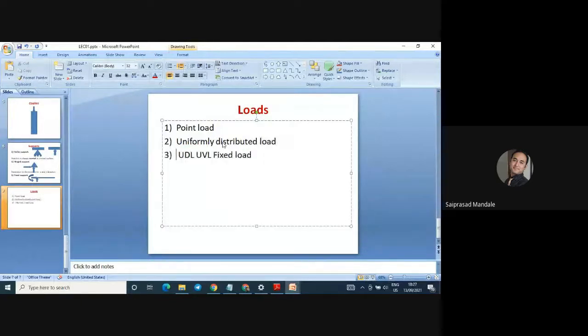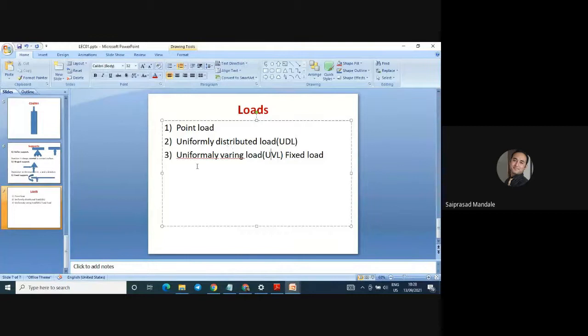And the third is a uniformly varying load, that is UVL.